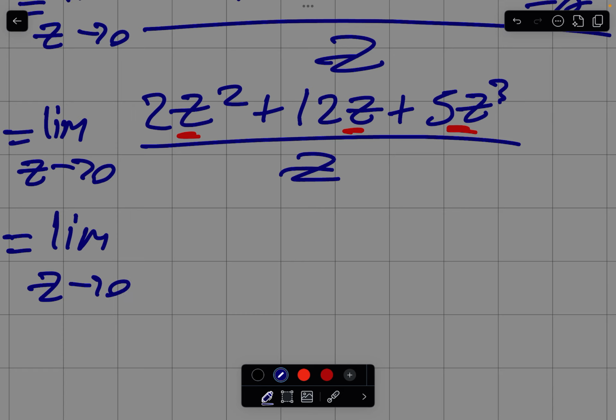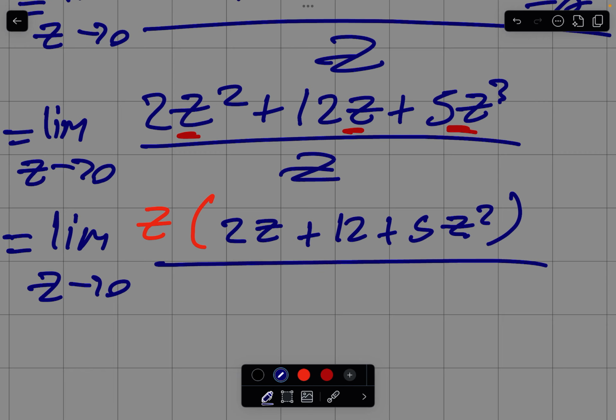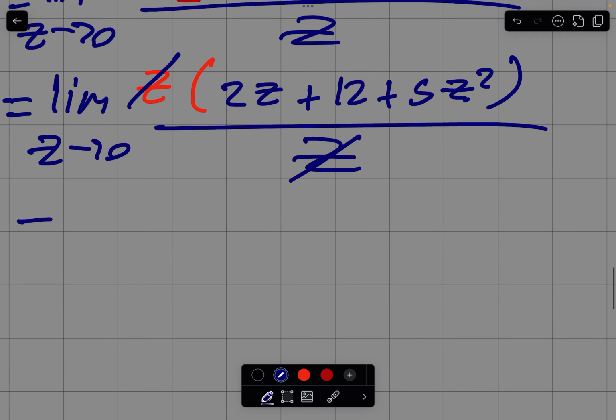As z approaches 0, you're going to have your common factor of z times 2z plus 12 plus 5z squared, all divided by z, and this one cancels this one.